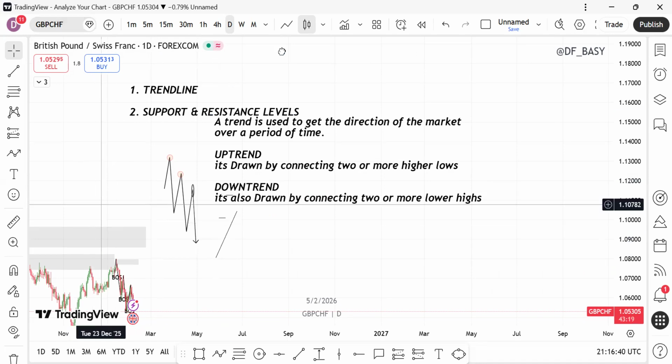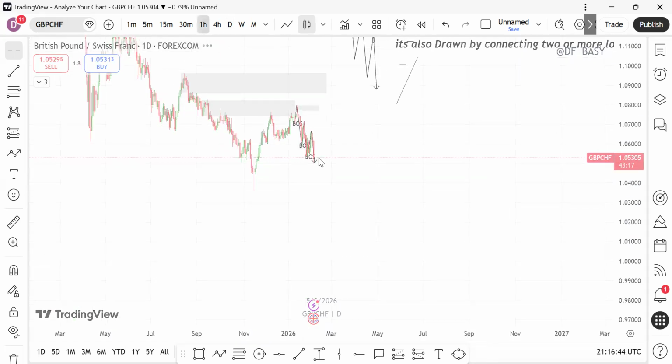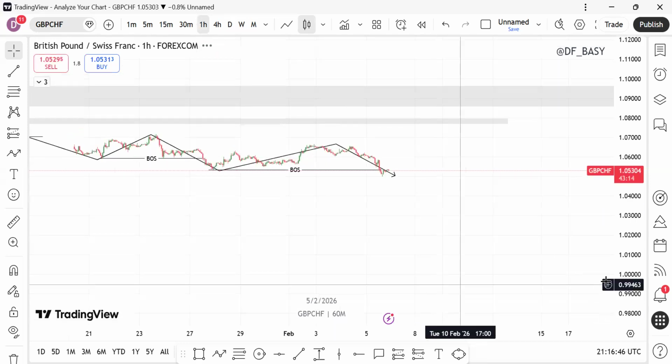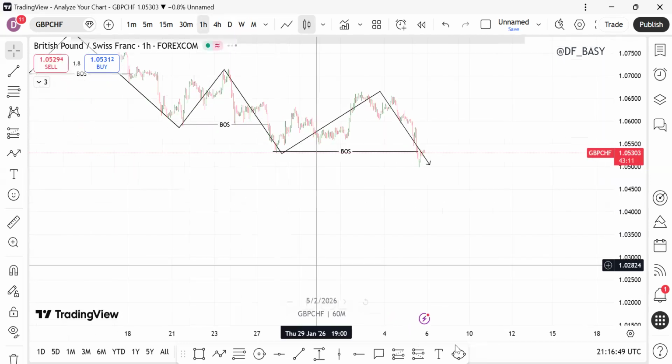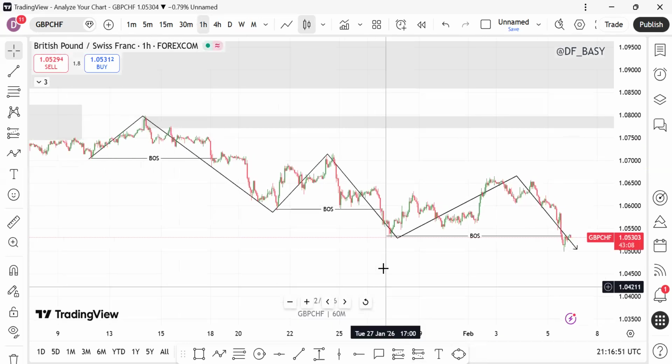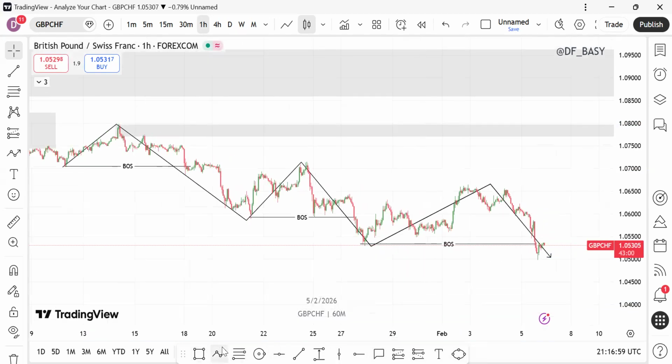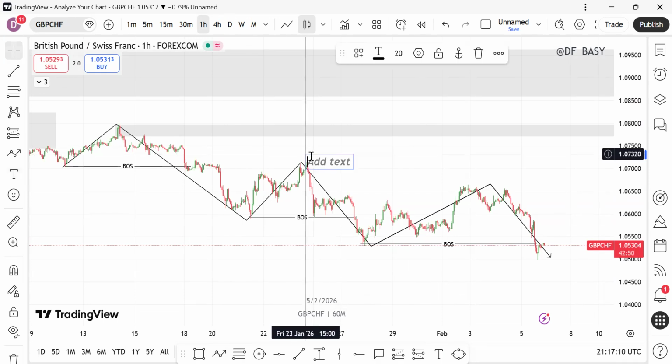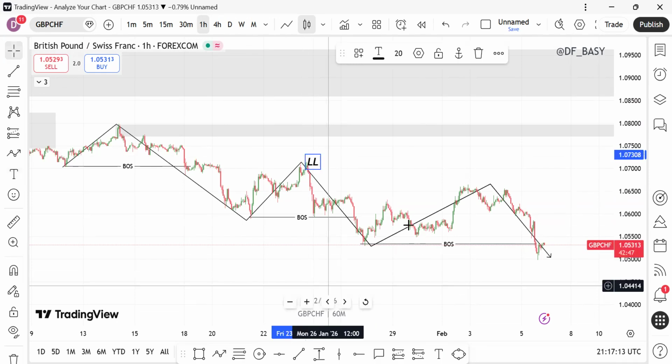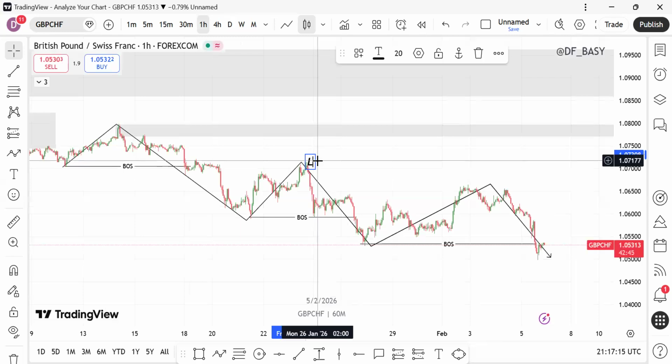So now, judging from what we have drawn here, market is breaking structure to the downside, right? I've seen a series of break of structure to the downside. So now if we have to draw our trend line, what are we connecting? We are connecting the lower highs. So this is your lower high, then this is your lower low.